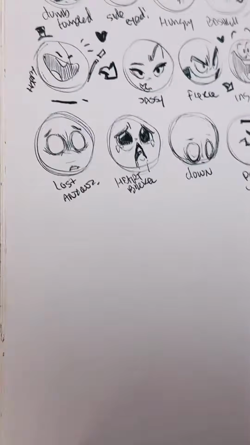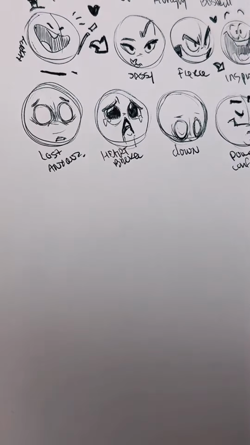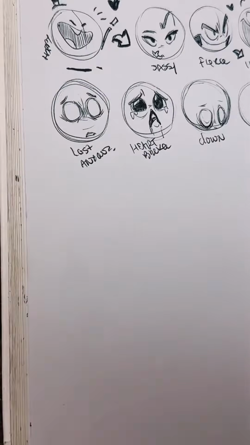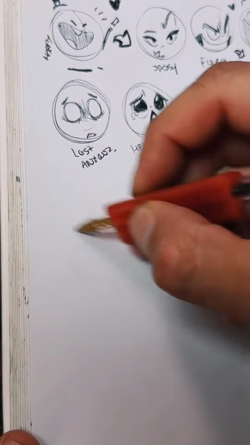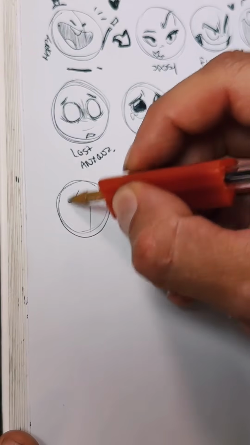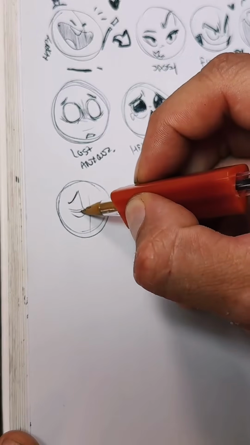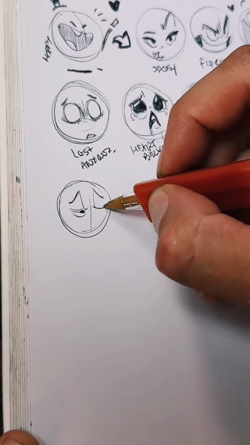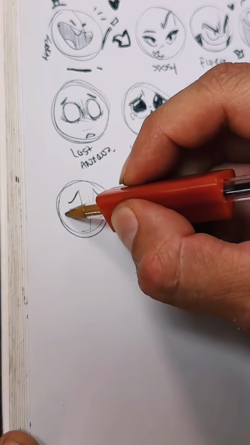All right, let's keep them going. Smitten. That would be somebody completely and madly in love, right? But we already did love, so let's try a different expression for smitten. I can imagine smitten being somebody fawning over their crush, just chilling, drinking some coffee on their break, and they're like, ah.